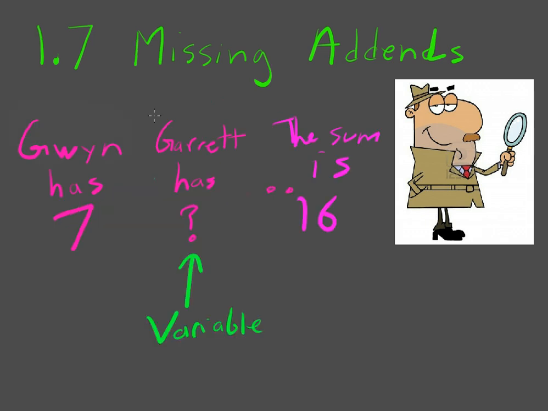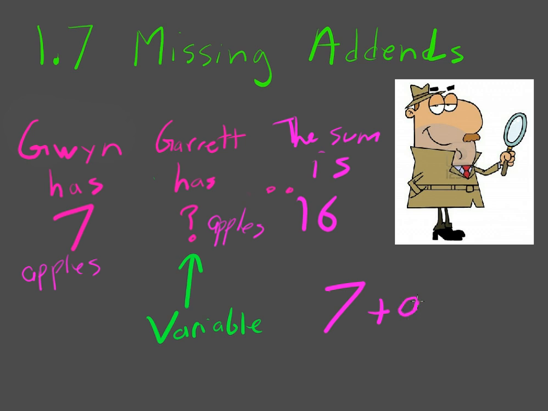Okay, our first example here, I'm going to use some of our classmates here. So let's pretend like Gwen has 7 apples. Garrett has question mark apples. So if he has question mark, if we don't know, that's going to be the variable. The sum of the apples is 16. So if this were to look like a problem, it would be Gwen has 7 apples plus Garrett has question mark apples.